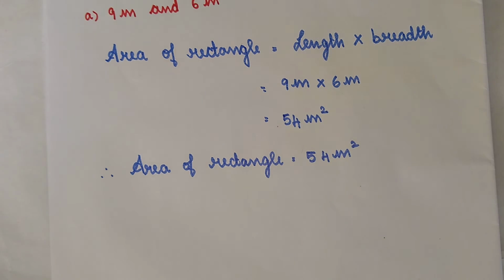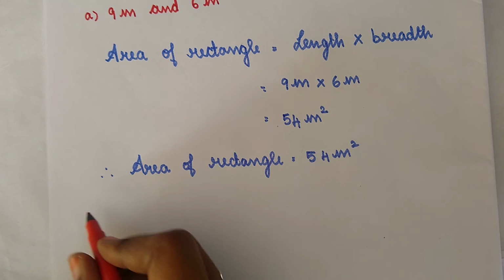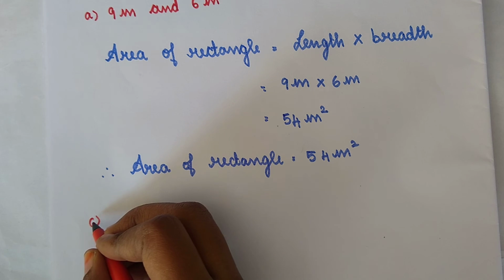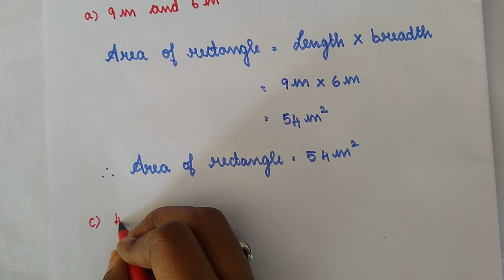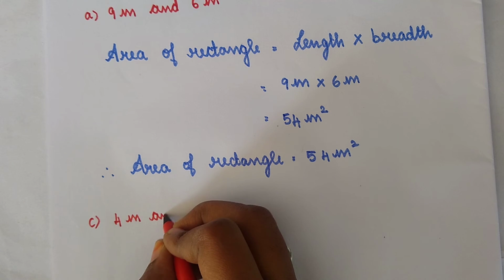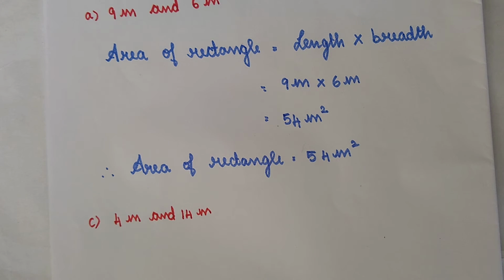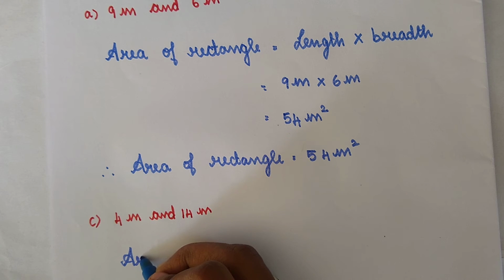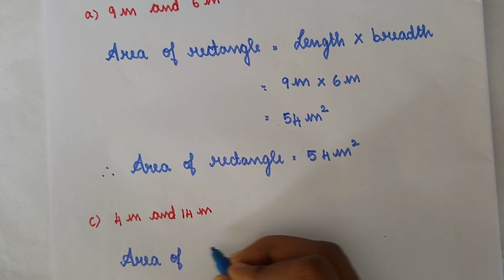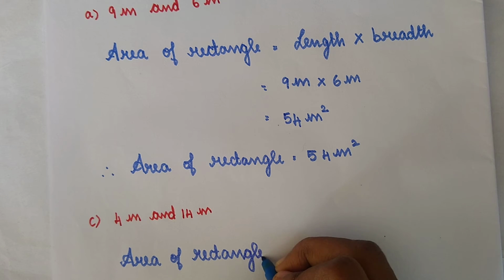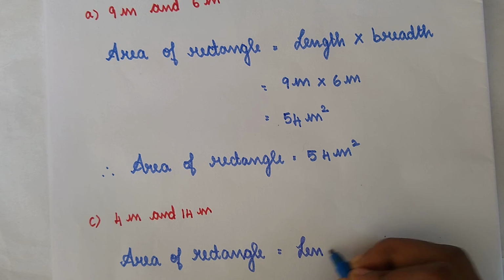Next we take subdivision C. Here length is 4 meter and breadth is 14 meter. This is given. We have to find the area of rectangle. Here area of rectangle equals length into breadth.